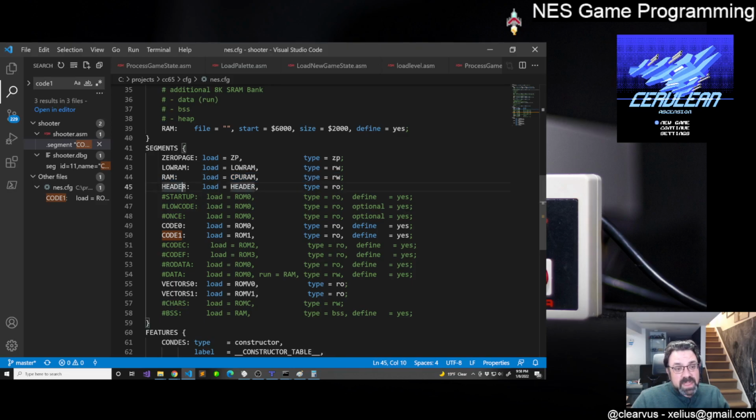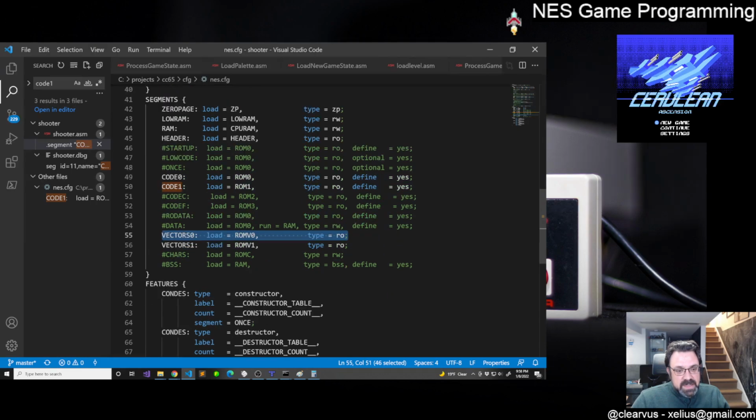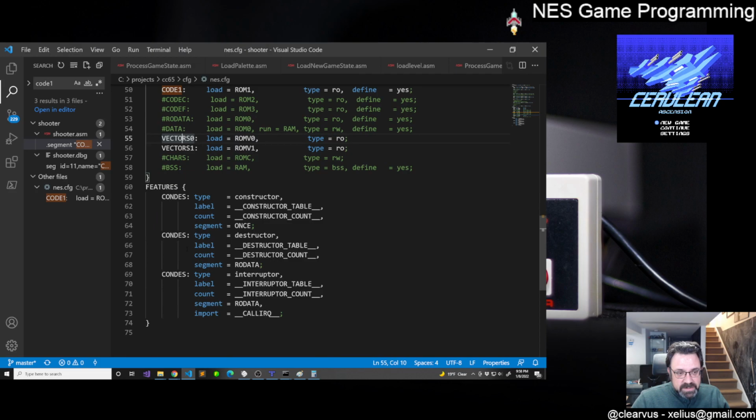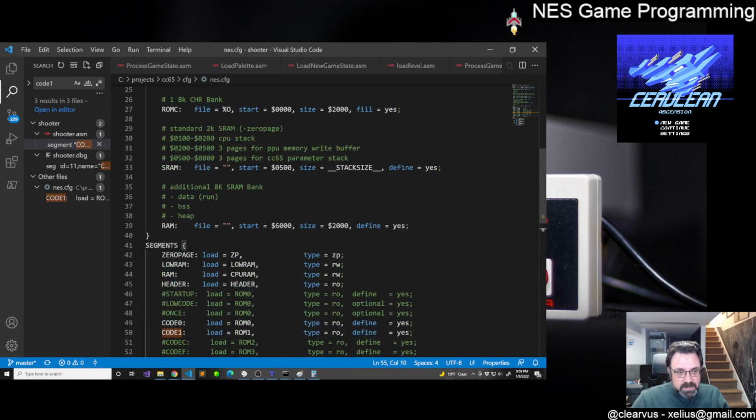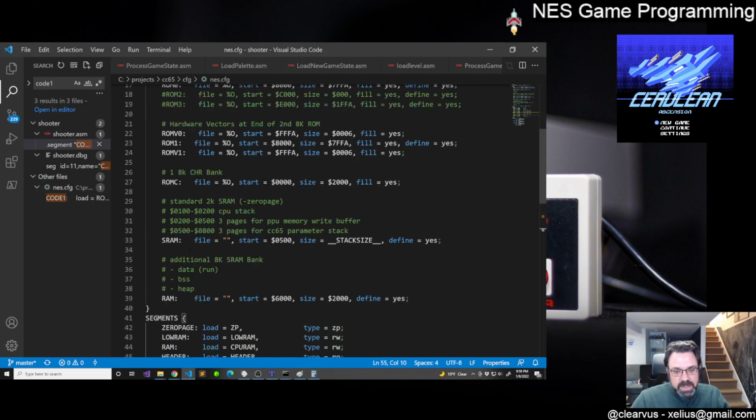But then for the game, we have our header, and then we have code 0 and code 1. And then after that, we have our vectors, which are at FFFA. Same thing with vectors 1, because depending on which bank you're in, you need one or the other. And then that's it. And then the game gets assembled and all that other stuff works the way it's supposed to, hopefully.